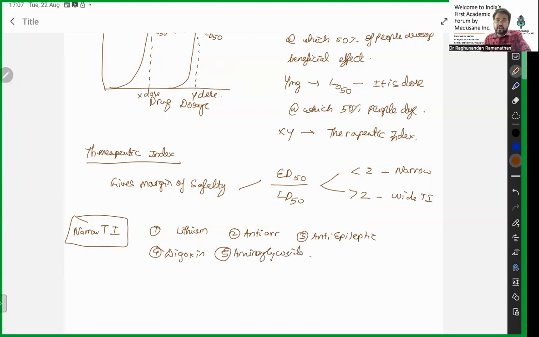Because of this therapeutic index concept, we got therapeutic drug monitoring. Last 5 minutes, I want you all to be attentive. What is therapeutic drug monitoring? You measure the serum drug levels, to check the compliance and to adjust the dose of the drug.